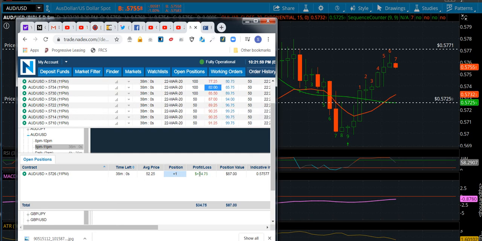Okay? And that's what makes this number. The difference between what I bought it for and what it's now worth. And remember, I said each contract is worth $100. Okay?